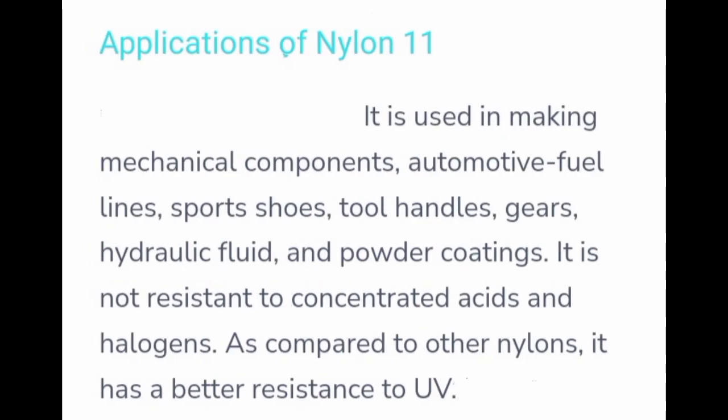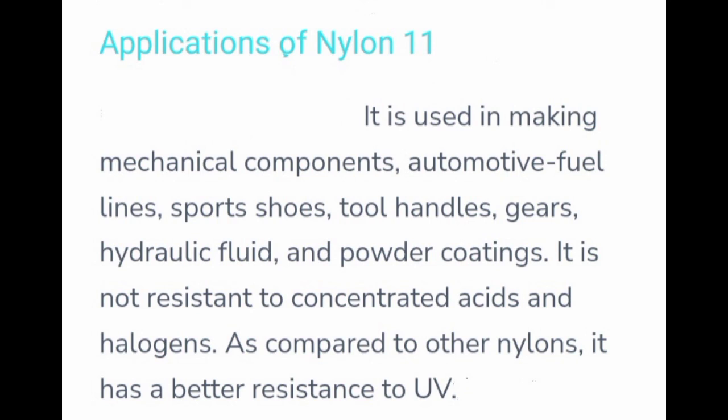After that, let us see about the applications of nylon 11. It is mostly useful in making mechanical components, automotive fuel lines, sports shoes, tool handles, gears, hydraulic fluid and powder coatings. You can see that it has a great importance.